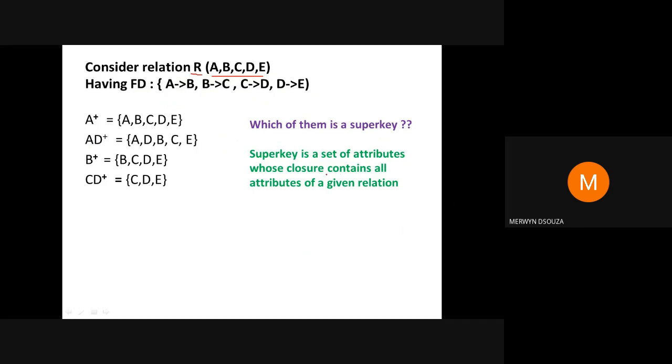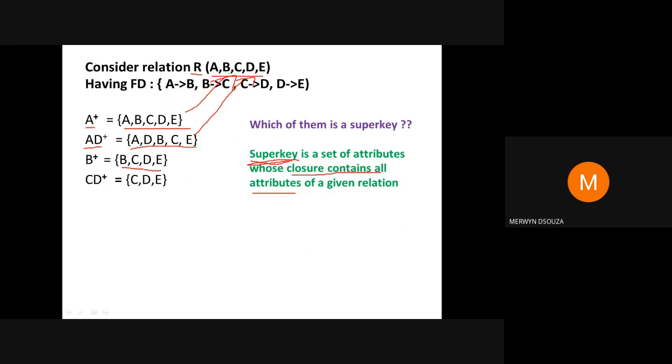If any closure contains all the attributes, then that attribute set is known as a super key. You can see that A contains all the attributes of the given relation. Similarly, AD contains all the attributes of the given relation. So obviously, A and AD are super keys.